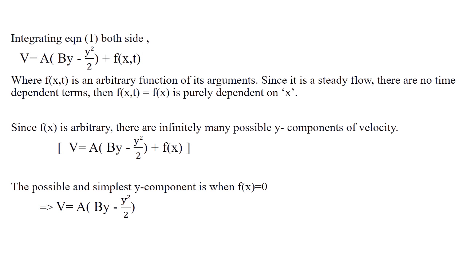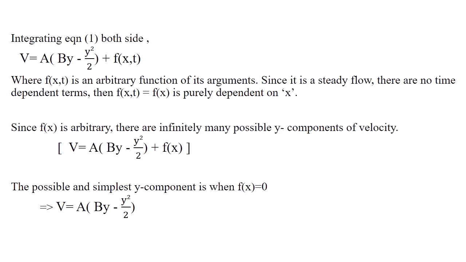So now we will integrate this equation 1 on both sides, and then we will get the equation of v as v = a(by - y²/2) + f(x, t).